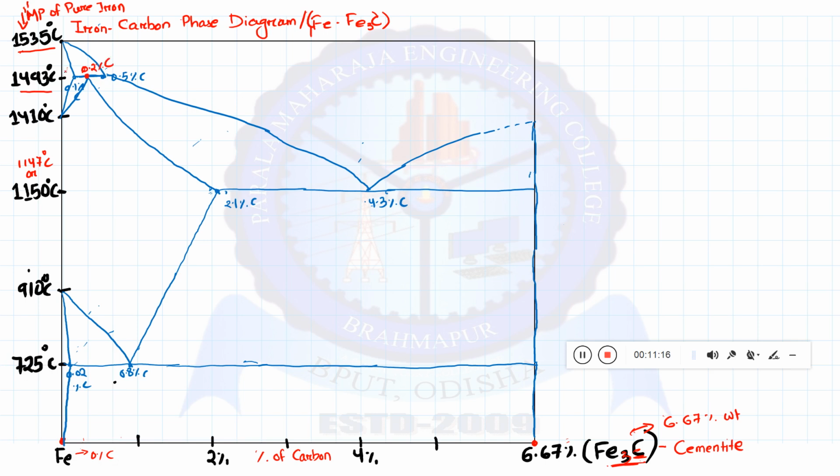Okay, so this is basically represented by, sorry, this is not alpha, actually this is represented by delta. So this is basically our delta iron.